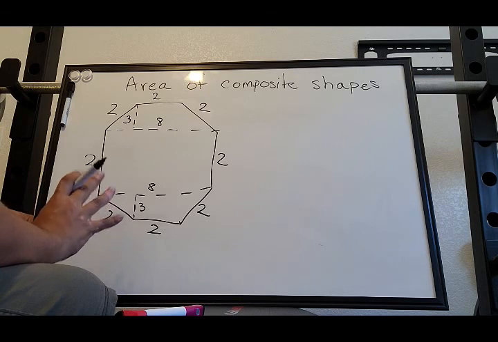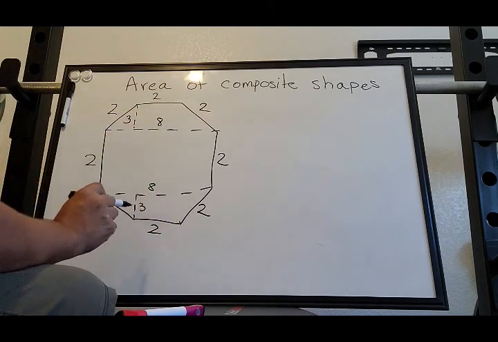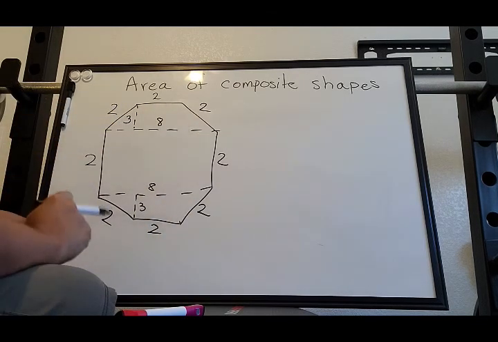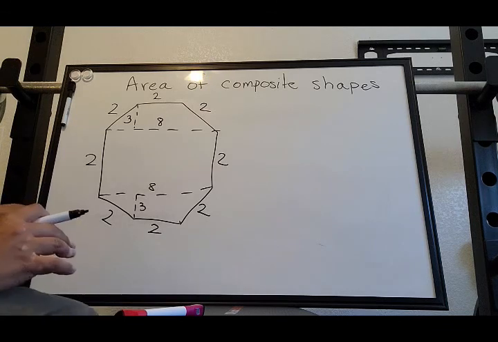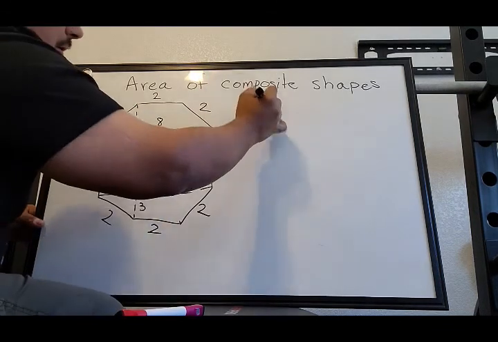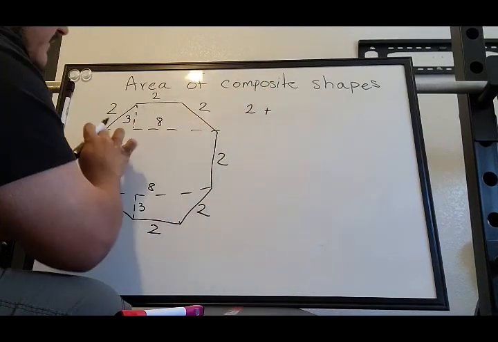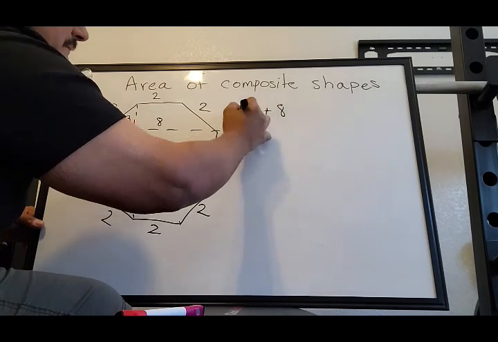Now, we need to find the area of the trapezoids and the area of the rectangle. Let's start with the trapezoid because it is the easiest to find. In the trapezoid, we know that our base 1 is 2, our base 2 is 8.